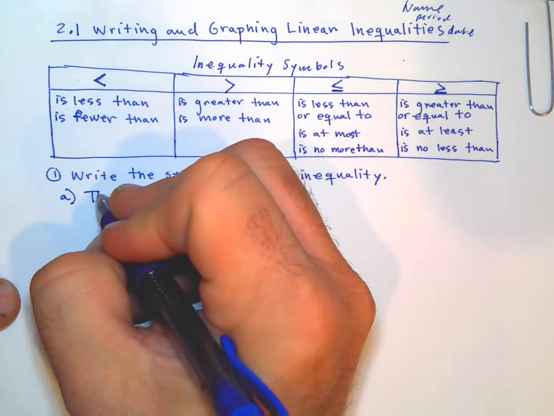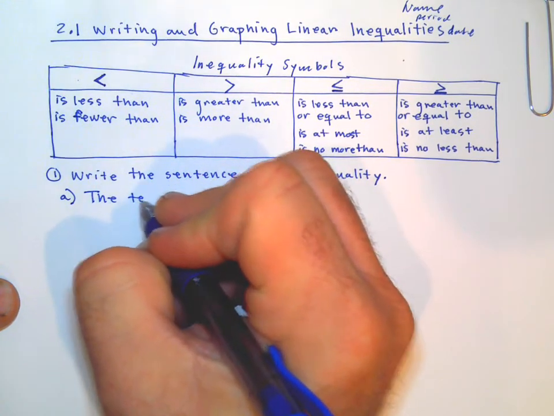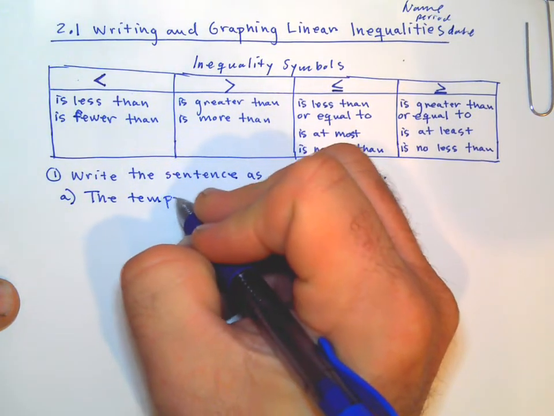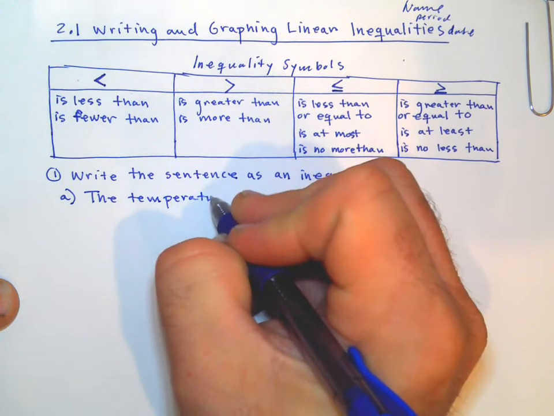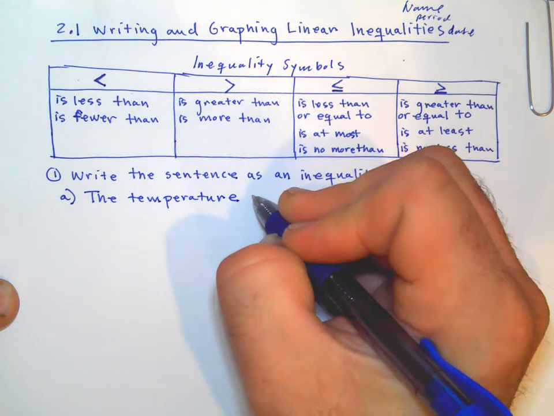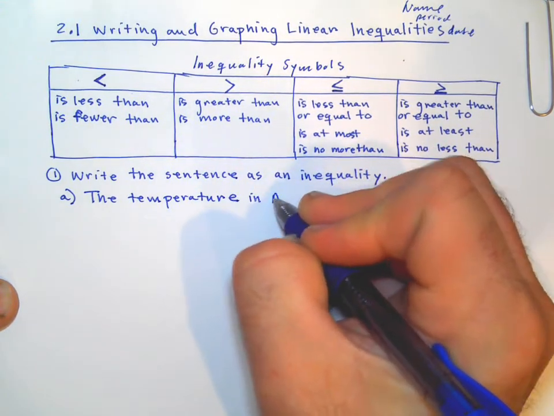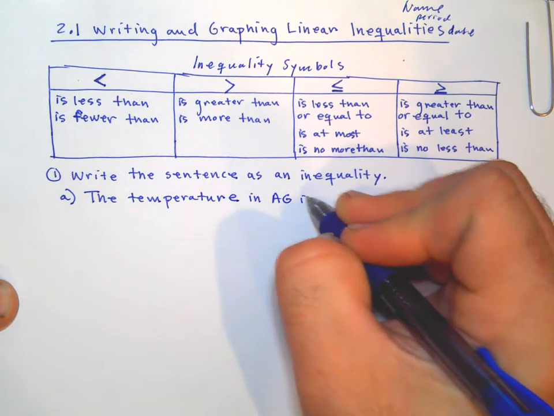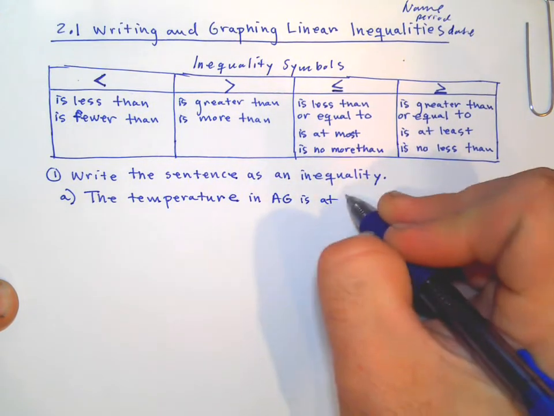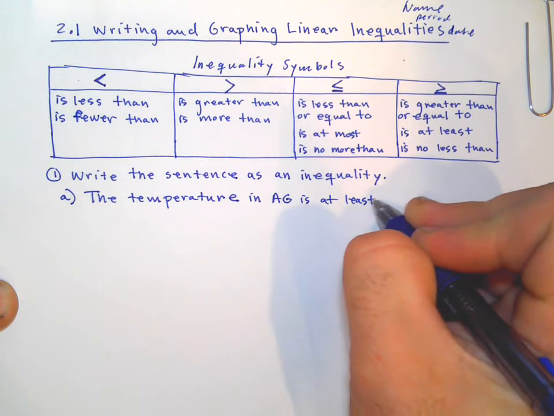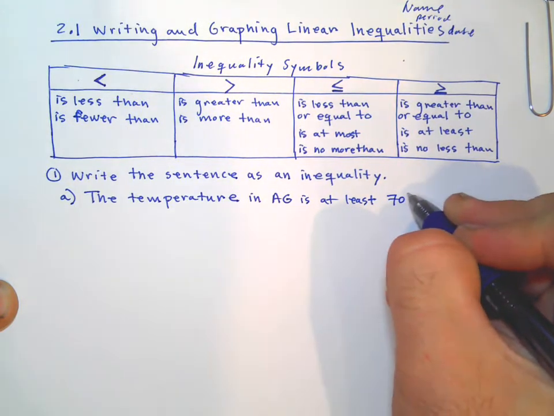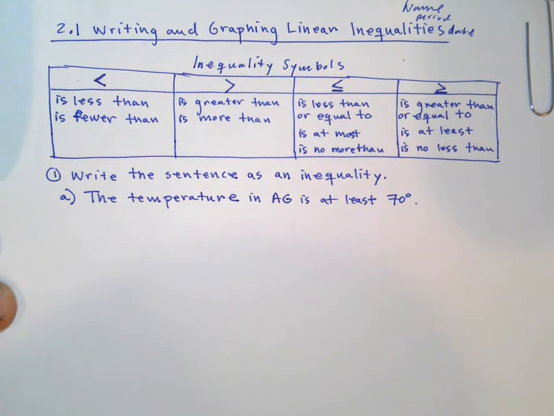So, A, the temperature in AG is at least 70 degrees. Okay, so on the homework, you need to write this down. This is the problem.